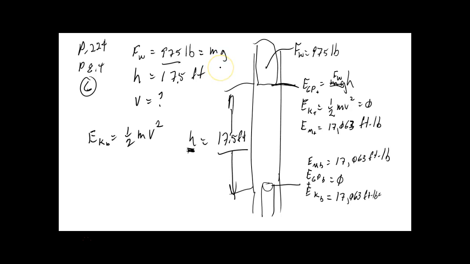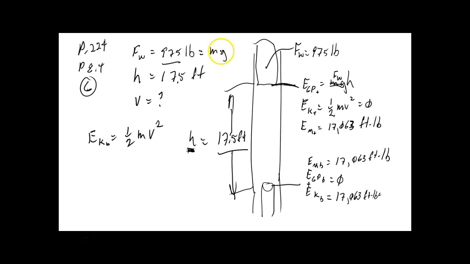So what's the formula for, well, you just gave it to me. The weight is this, and that's mass in slugs times acceleration due to gravity. And in the U.S. customary system, what's the acceleration due to gravity? In the U.S.? Yeah. 32.2. Okay?